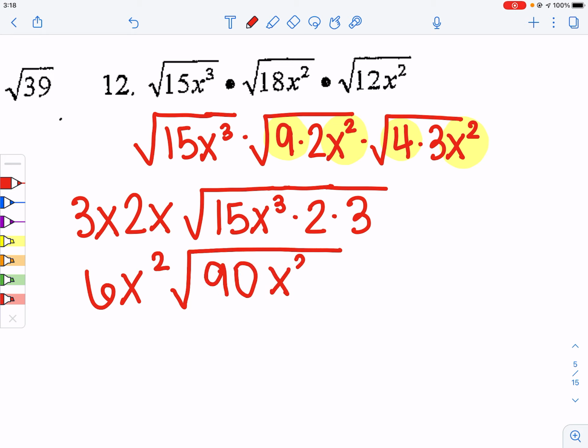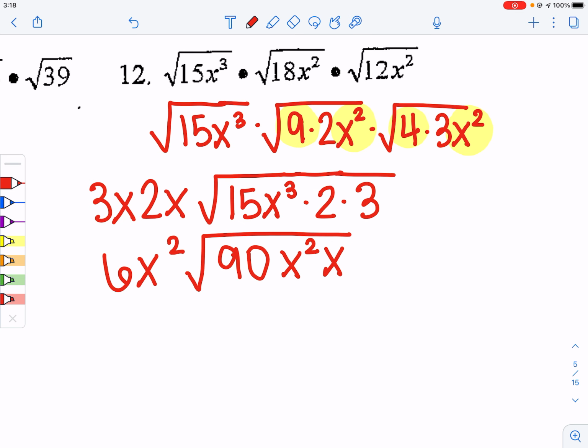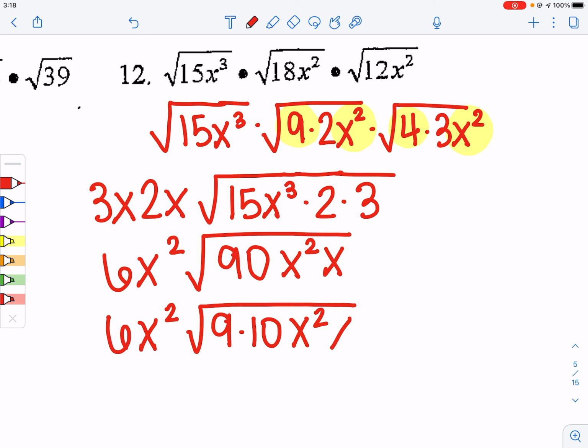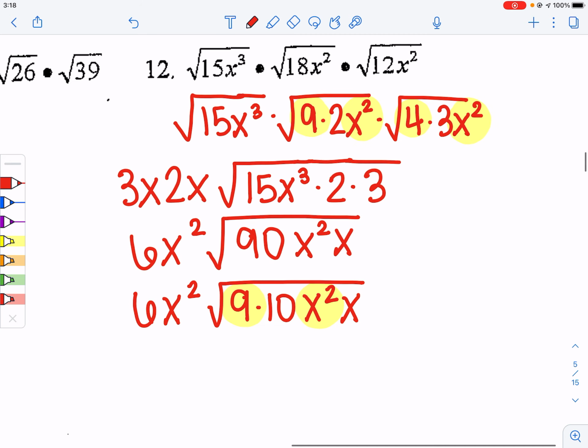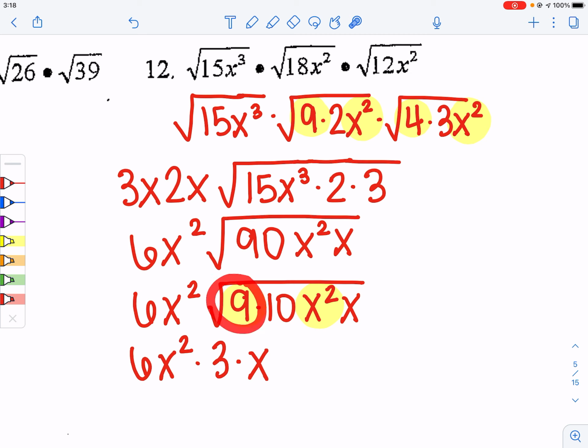And then I'm going to rewrite x cubed as x squared times x because I need an even exponent. I'm going to rewrite my 90 as 9 times 10. I got x squared. I got x. Let's highlight everything that we can take the square root of. So I know I'm going to have 6x squared times 3 times x because the square root of 9 is 3. The square root of x squared is x. And then in my radical, I have 10x.